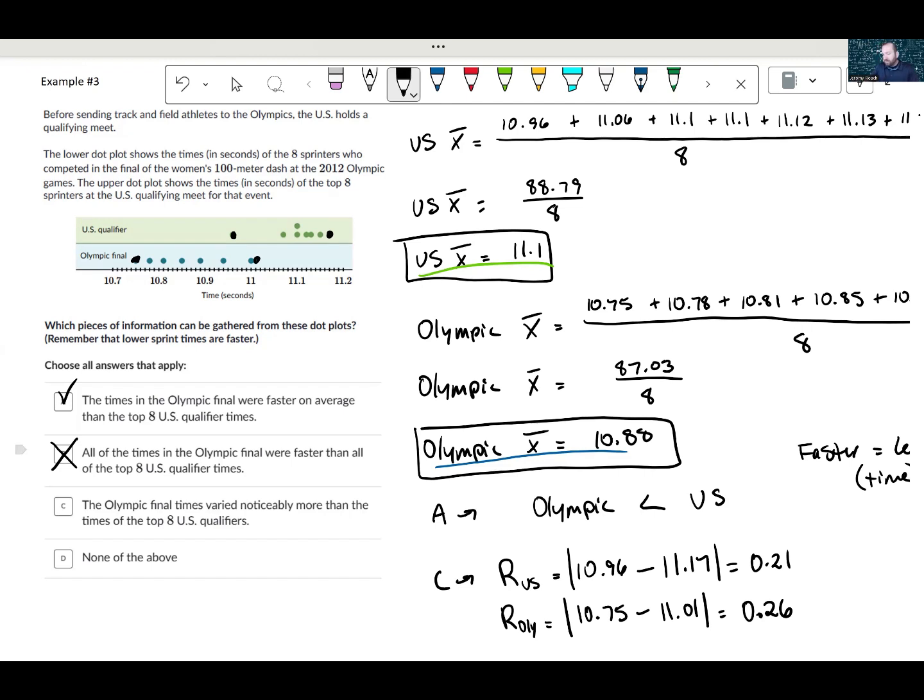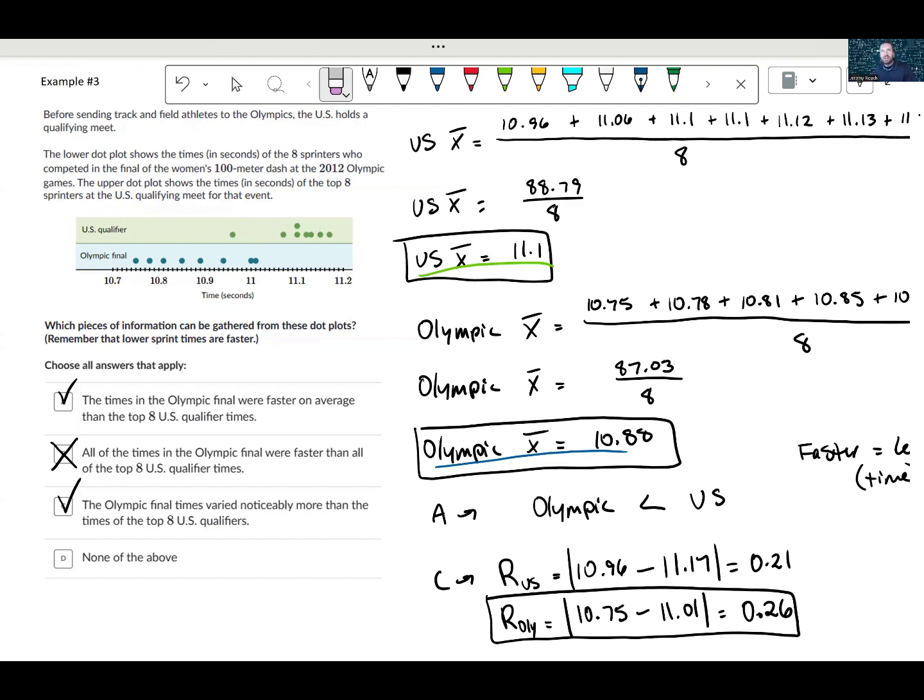Okay, so it says the Olympic times varied more noticeably. The Olympic range was 0.26, and yes, it varied more than the US times at 0.21. You might be able to do this without writing out the range, but these are very close numbers, so you might have to do the calculations sometimes.